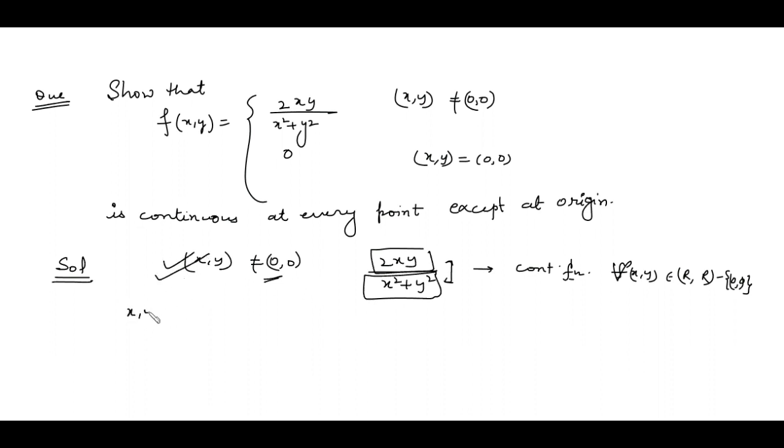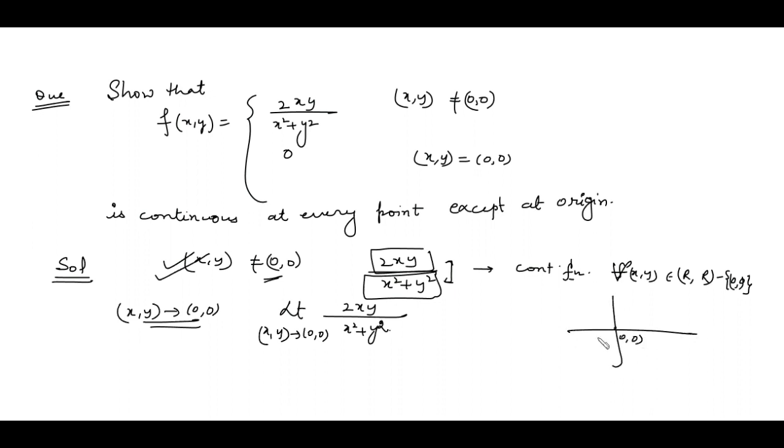Now see, whenever (x,y) is approaching (0,0), what will happen? So when you find the limit as (x,y) approaches (0,0) of the function 2xy upon x square plus y square, there are infinitely many paths passing through (0,0). So if we choose the path y equal to mx, then clearly whenever x is approaching 0, y is also approaching 0.